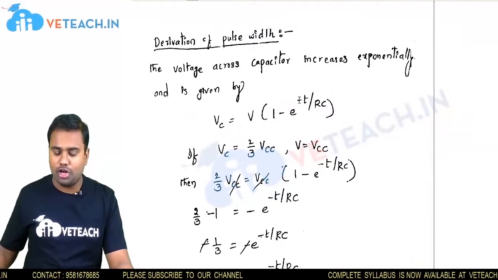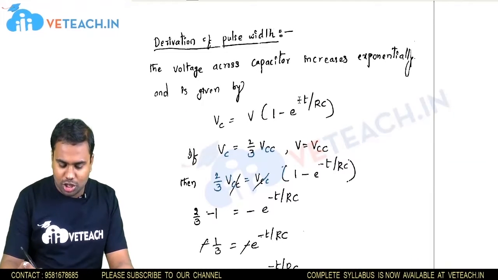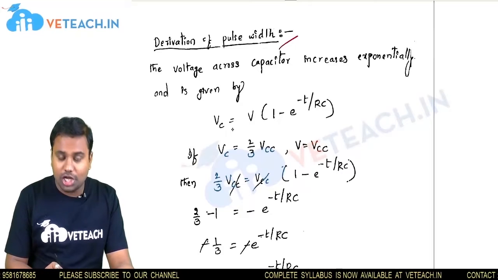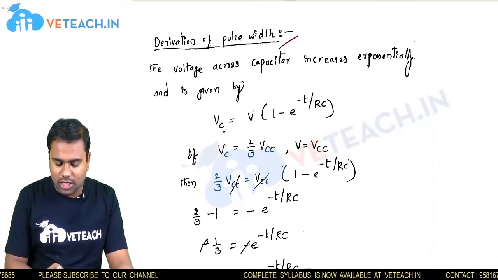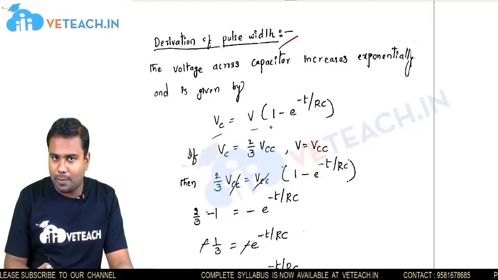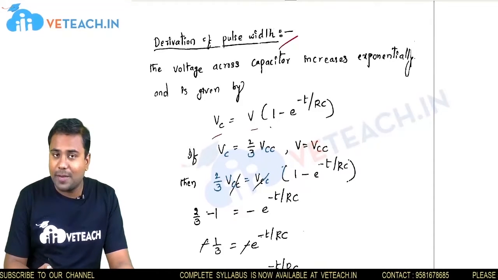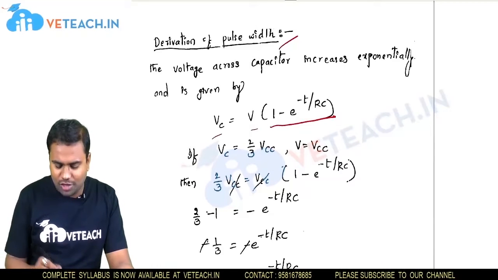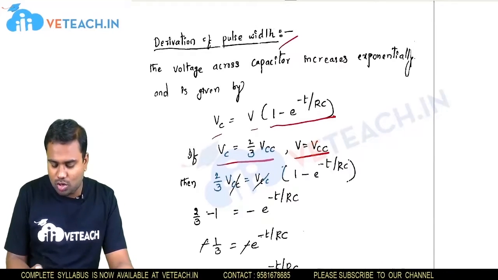Okay. Next we are going to discuss the derivation for the pulse width. As the charging of the capacitor increases, Vc equals V multiplied with 1 minus e power minus t by RC. Let's take a point where Vc equals 2/3 VCC and V equals VCC.